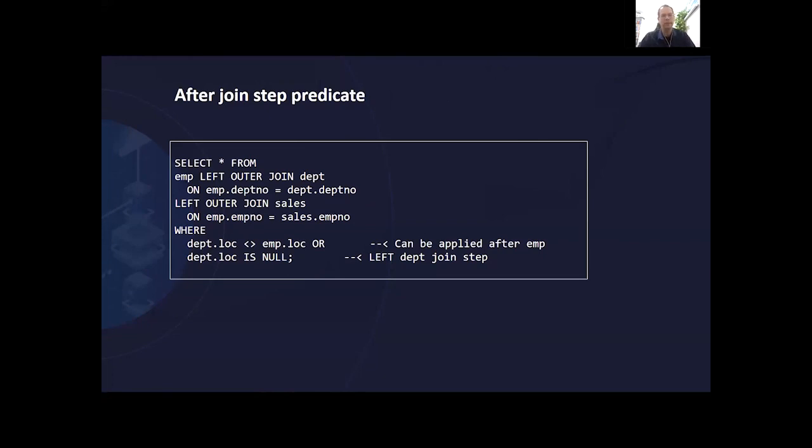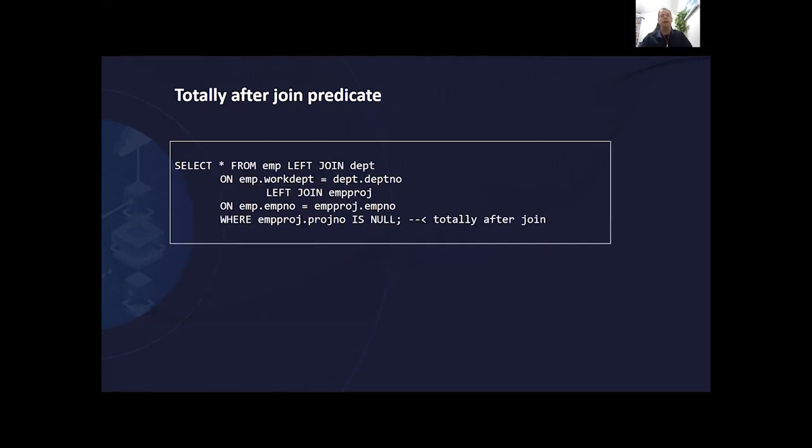After join step predicate: in this case, we have two join conditions. This WHERE clause can be applied after we join employee and department, so before we do the second join, DB2 can remove some rows. So this is the after join step. And the last one is the totally after join predicate, which can be done really after the join happens.